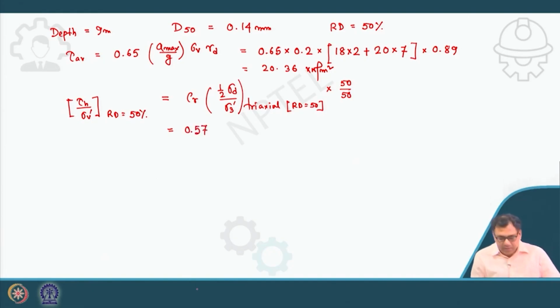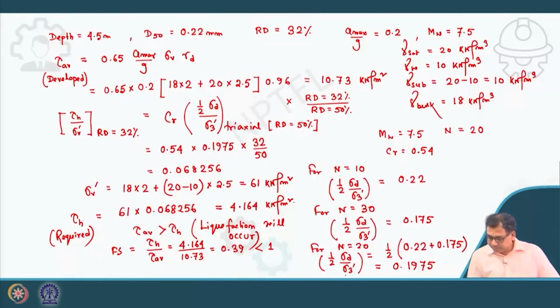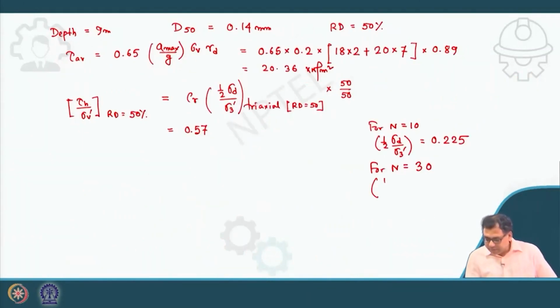Now in a similar way I can calculate the half sigma D by sigma 3 from the chart. For n equal to 10, half sigma D by sigma 3 dash from the chart is equal to 0.225, and for n equal to 30 it is equal to 0.18.